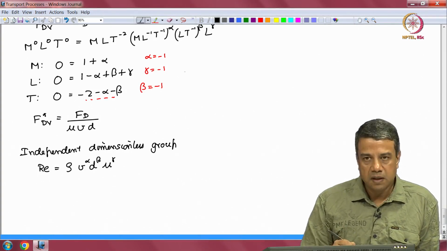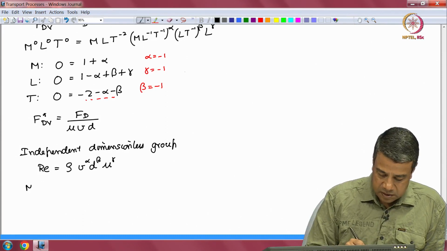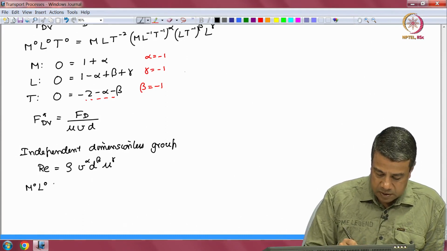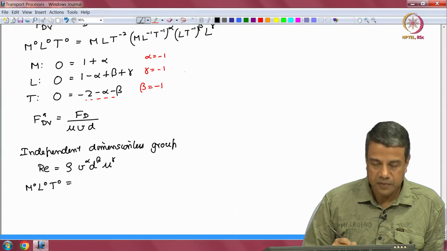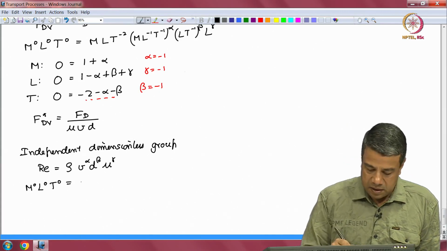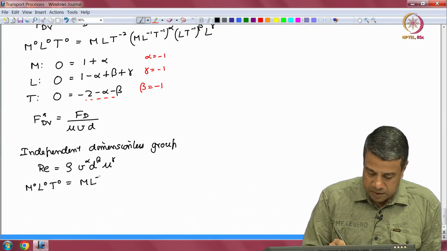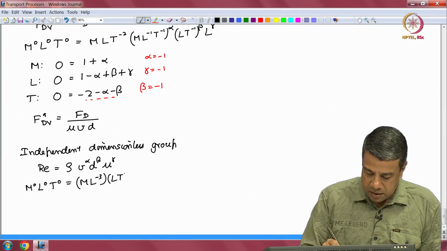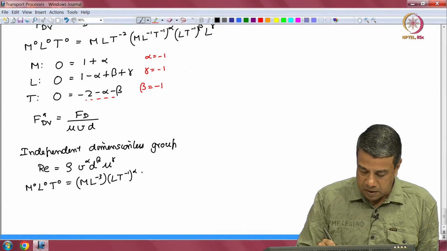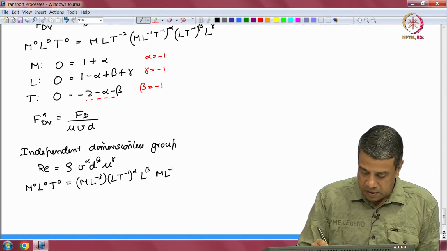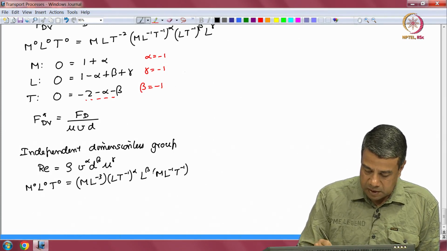So, left side is dimensionless, m power 0, l power 0, t power 0. The right side is m l power minus 3, velocity L t inverse per alpha, diameter L per beta and m L inverse t inverse per gamma.